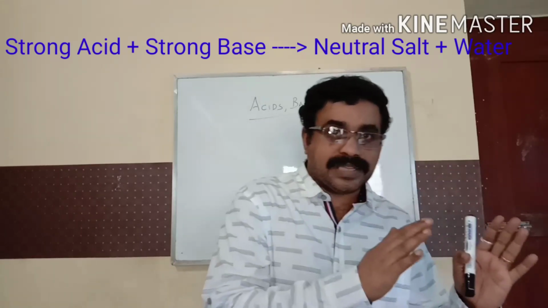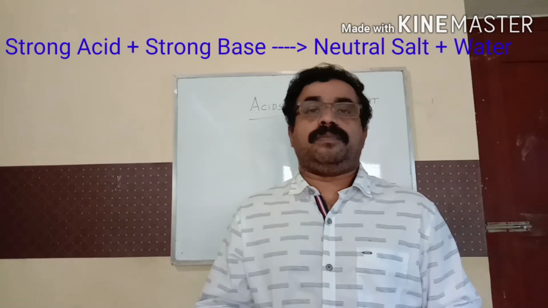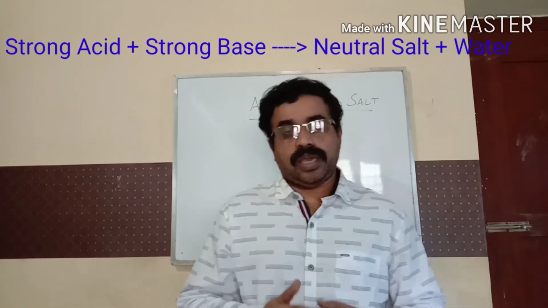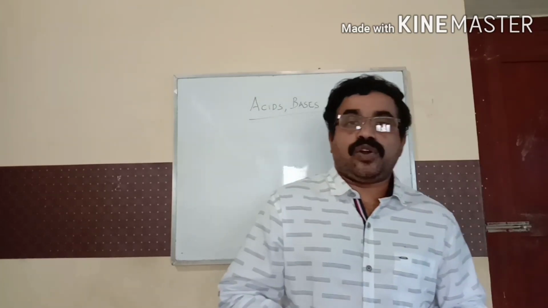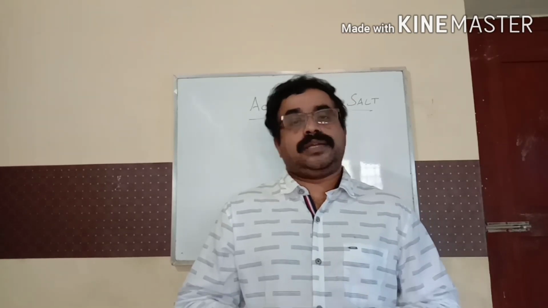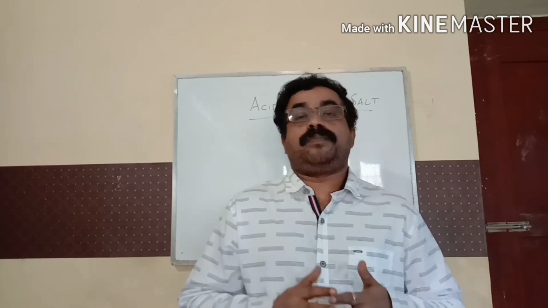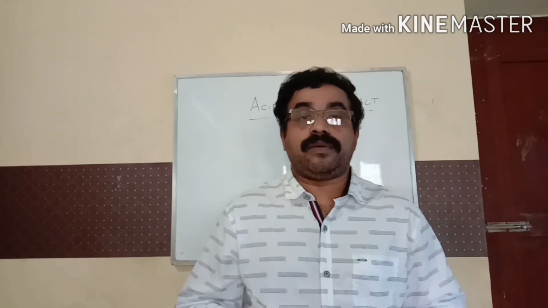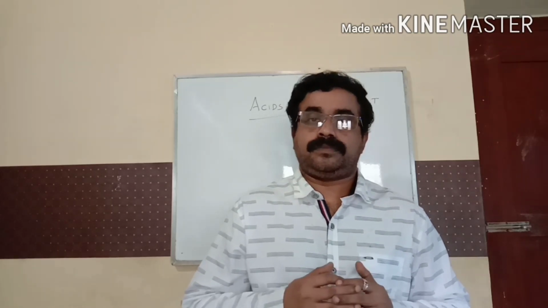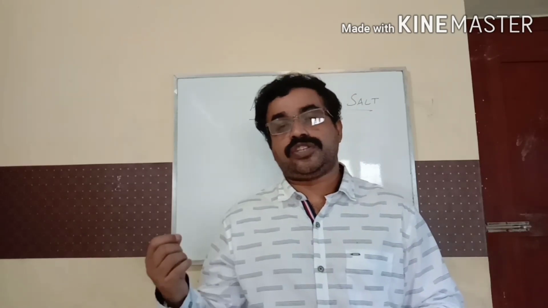For example, hydrochloric acid, which is a strong acid, reacts with sodium hydroxide, again a strong base. The salt obtained will be sodium chloride plus the byproduct water. So when a strong acid reacts with a strong base, we get neutral salt plus water.